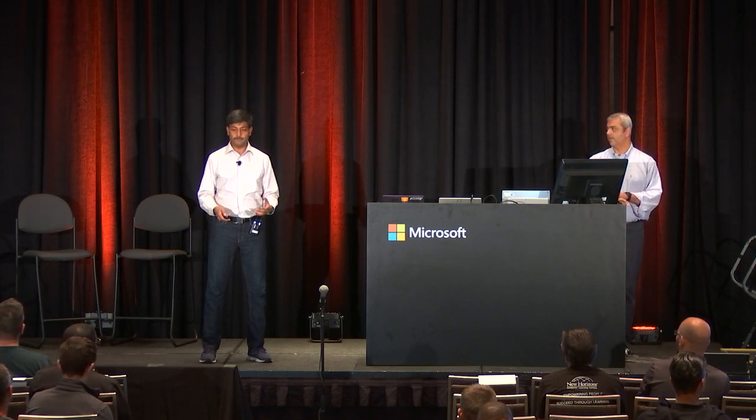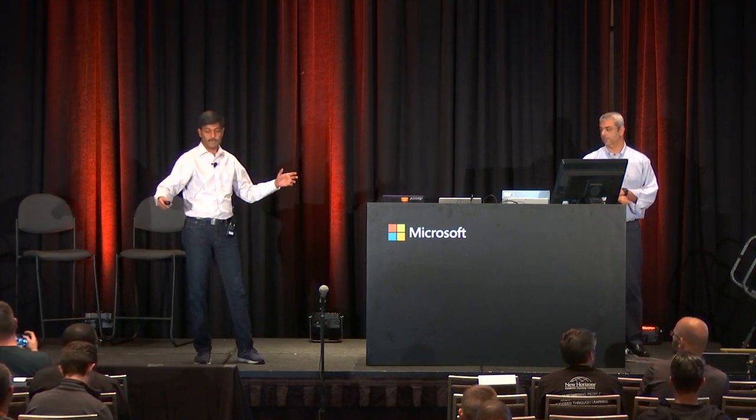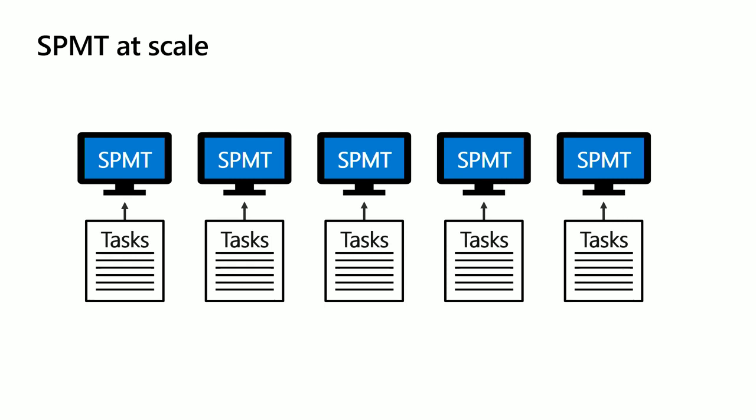When it comes to large migrations, though, you're soon limited by the single machine where you run this tool from. So to optimize the throughput, you can distribute your migration across multiple machines running SPMT. You will need to break your file into multiple smaller files and upload them individually on these machines and run your migration.